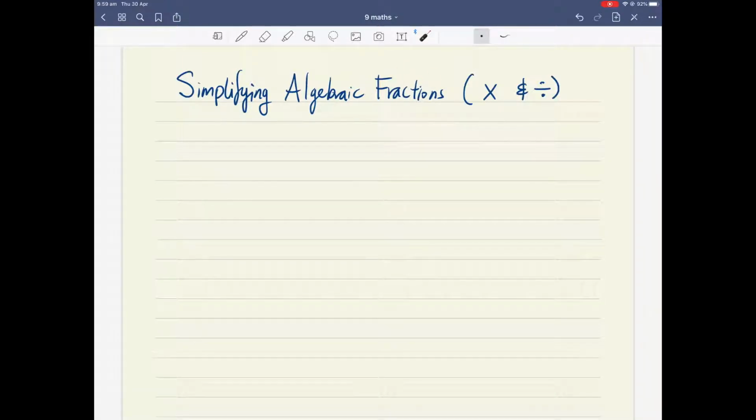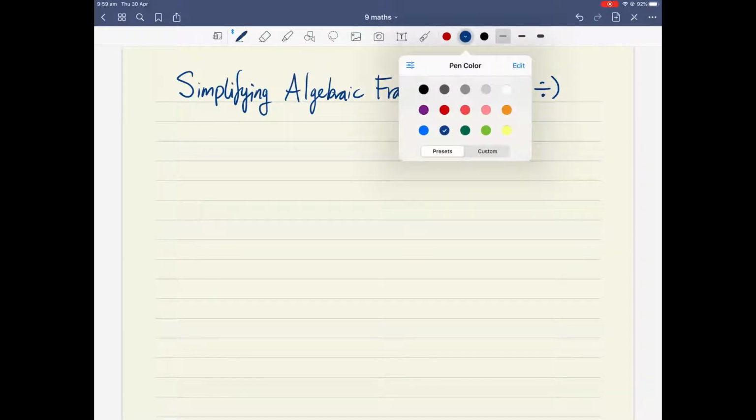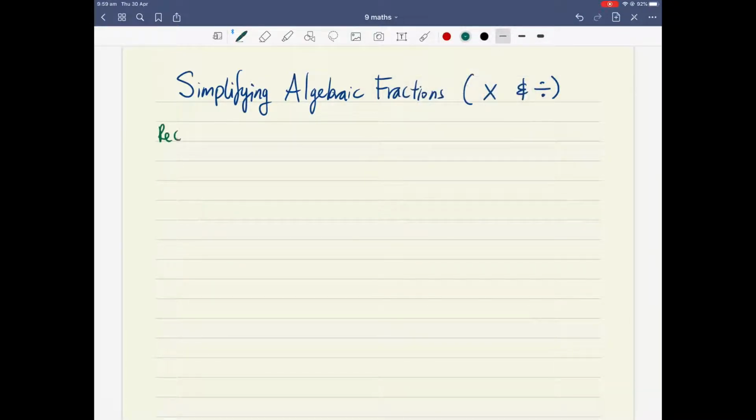Right, so if we just ignore the algebra part, like the variables, and just looked at fractions, recall from year 7 and 8, if we had to multiply fractions. Say, for example, we wanted to multiply 1/4 with 2/5.